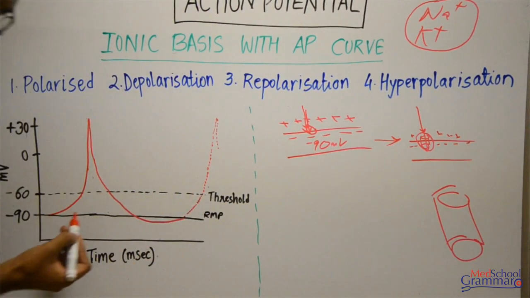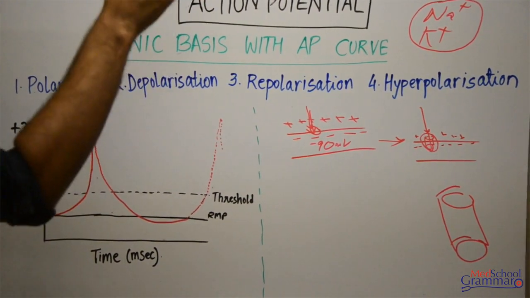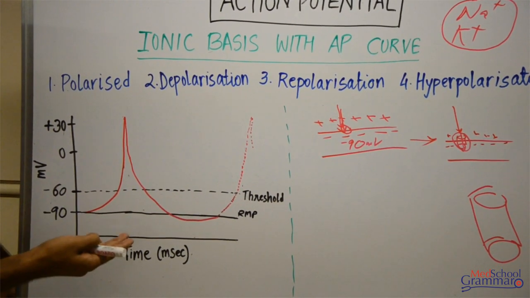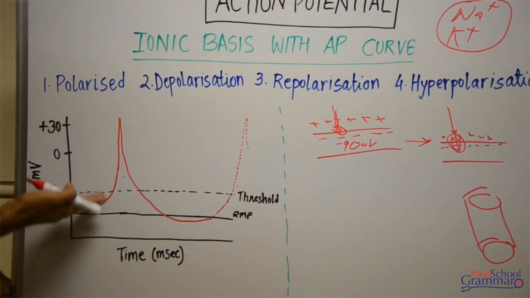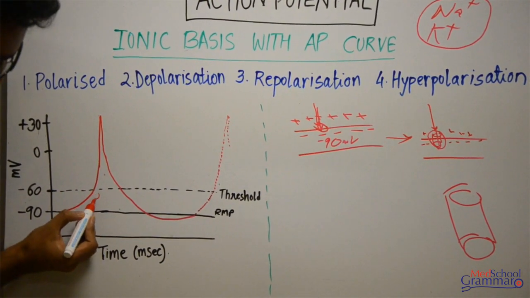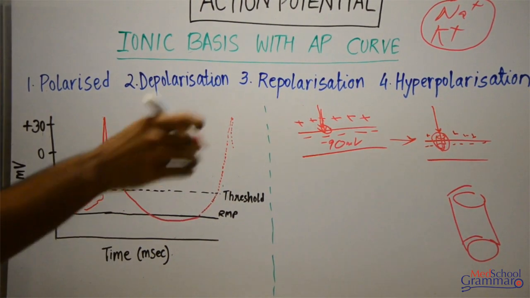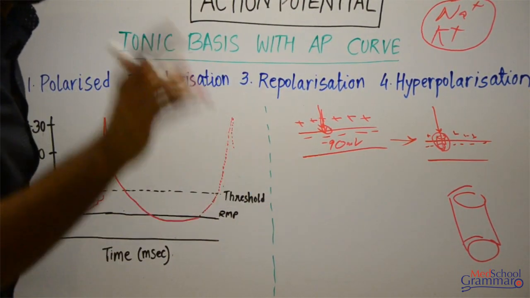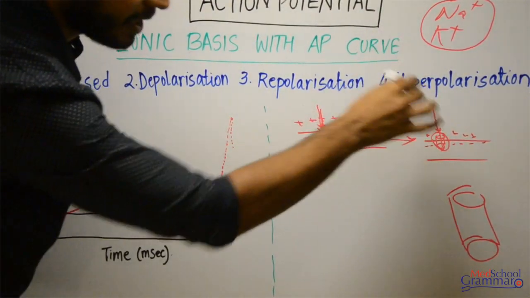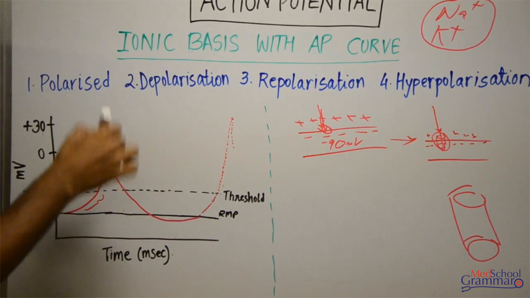That is, if say the inside negativity is minus 90 millivolts, due to entry of positive charge, this minus 90 millivolts begins to reduce in negativity and tends to move towards a positive state. This little part here represents that it is moving towards a positive state because sodium is moving inside. There is influx of sodium, very slight, very minor at the point of application of threshold stimulus, right? So this sodium starts to move in.